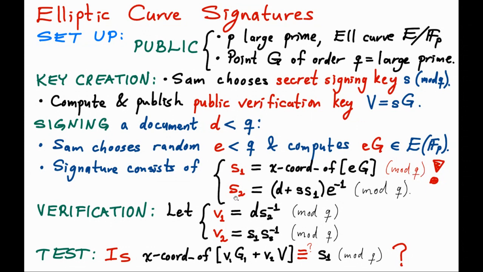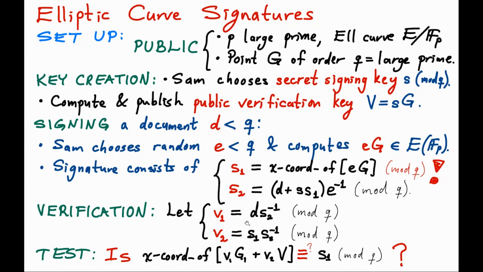And the second part of the signature is done purely with arithmetic modulo Q. So the second part of the signature is homomorphic in a sense. It only involves arithmetic modulo Q. Let's look at this, right? So D was a document modulo Q to begin with.